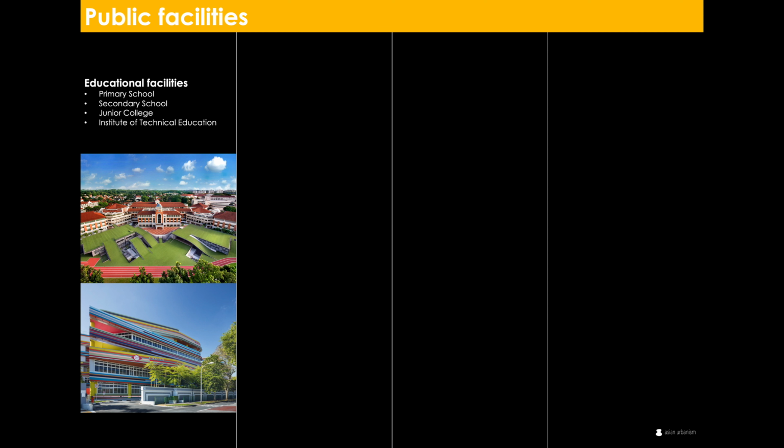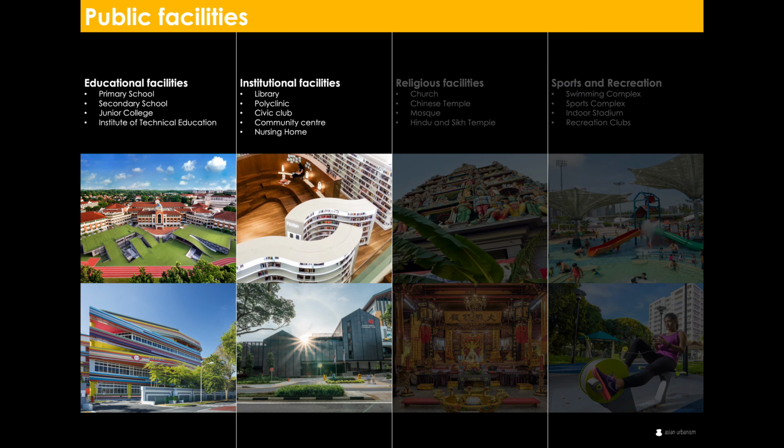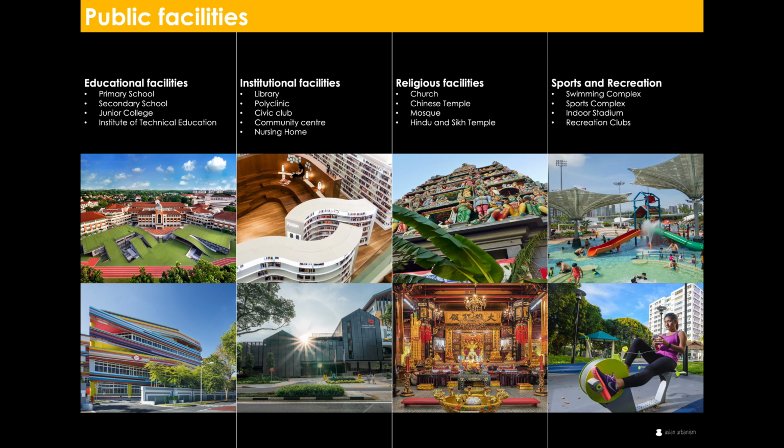First, educational facilities such as primary and secondary schools. Second, institutional facilities. Library, polyclinics, and community center are some examples of institutional facilities. Next are religious facilities and sports and recreation, including swimming complex, recreation clubs, and exercise corners.